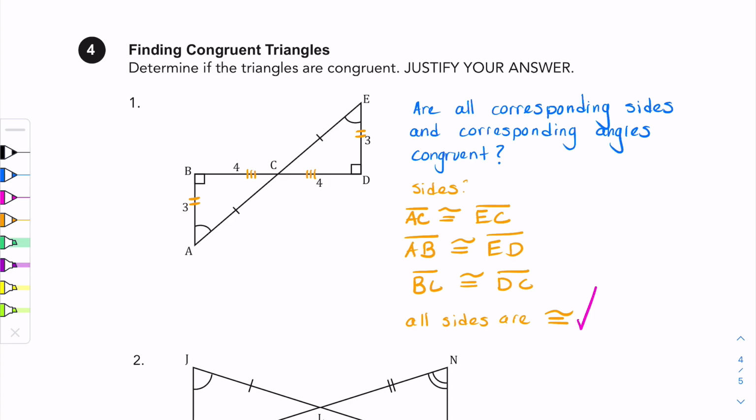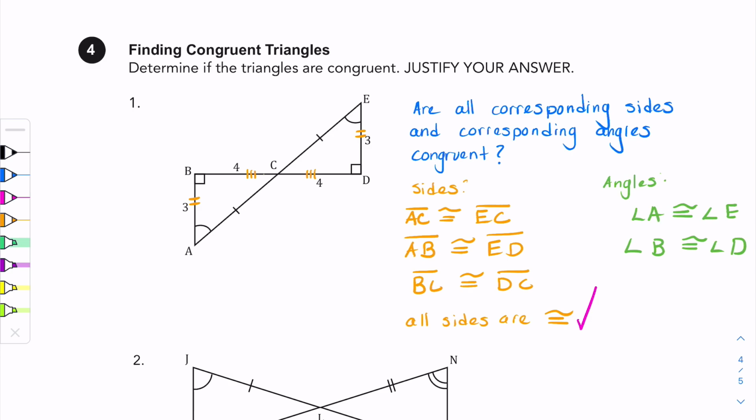Let's take a look at angles. So right away I see angle A and angle E. I also see that angle B is a right angle, and so is angle D. So I'm going to use angle B and angle D as two congruent angles.